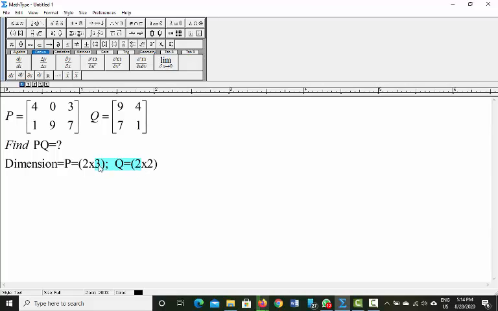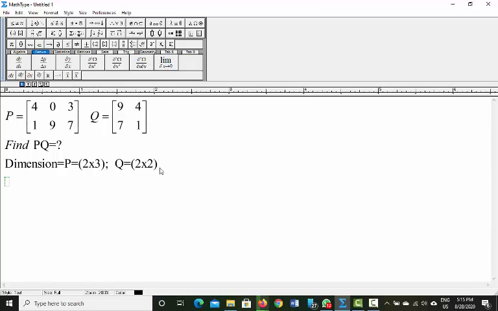So this does not match. The number of columns in the first matrix is not matching the number of rows in the second matrix, so multiplication will not be possible.